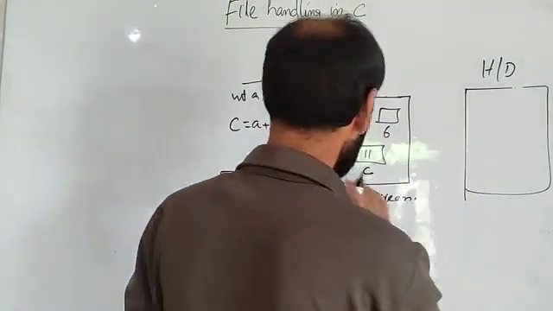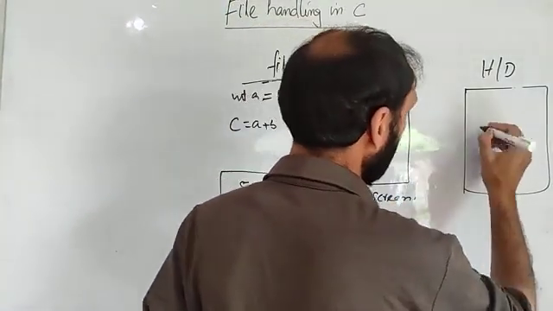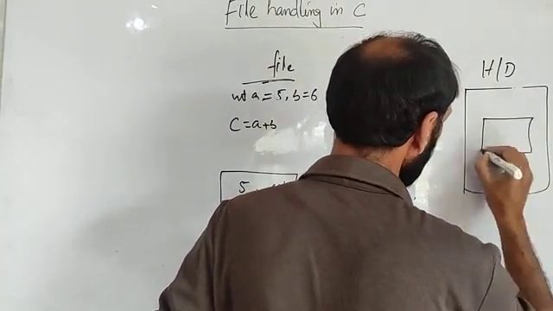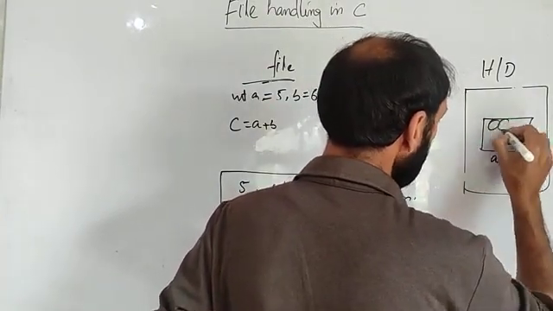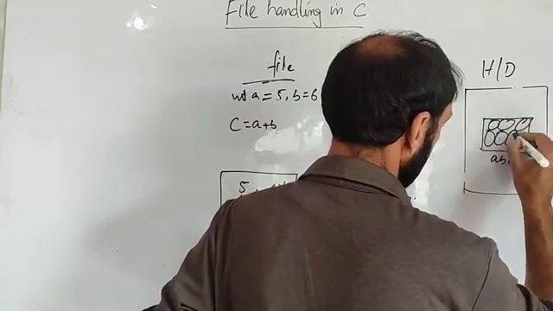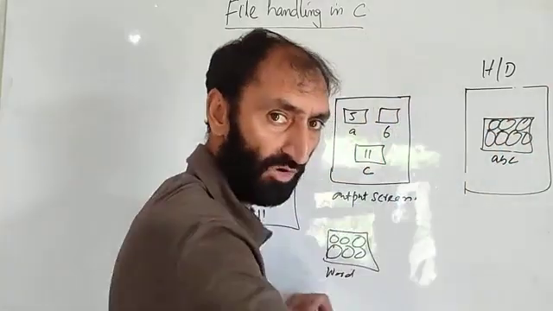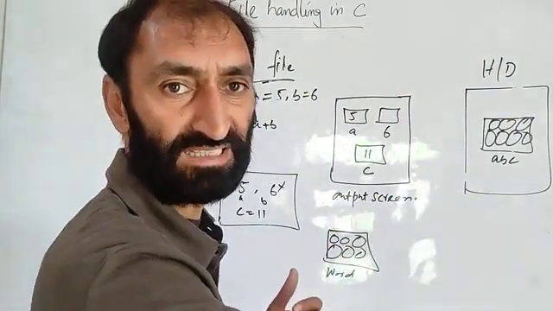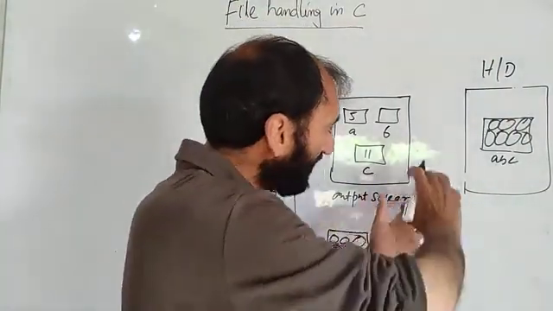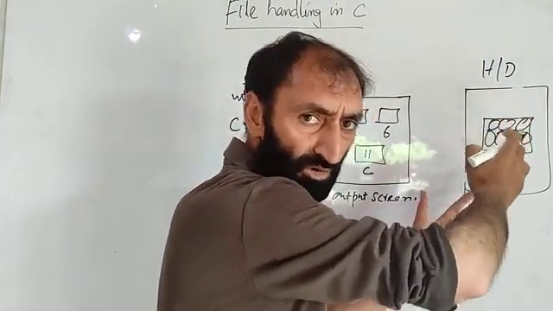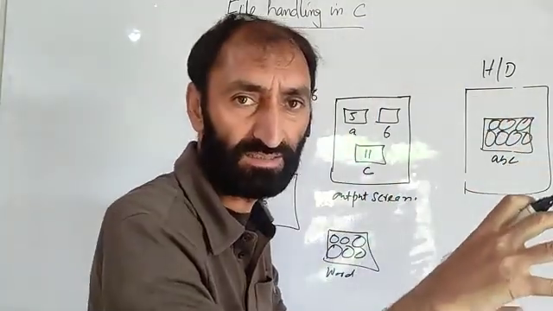If I have a Word document, for example its name is ABC, actually it is a sequence of bytes where we can store the data permanently.